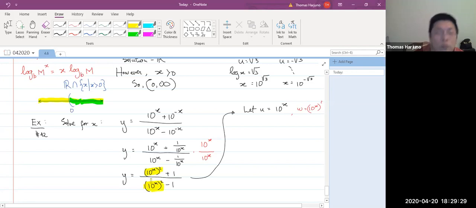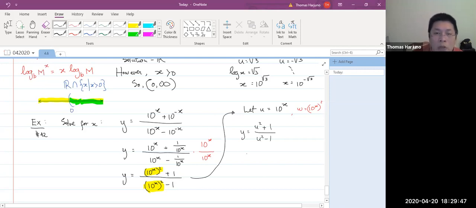So you have two options to look at the problem. Now suppose u is 10 to the x, then y equals u squared plus 1 over u squared minus 1. Now we will solve for u.